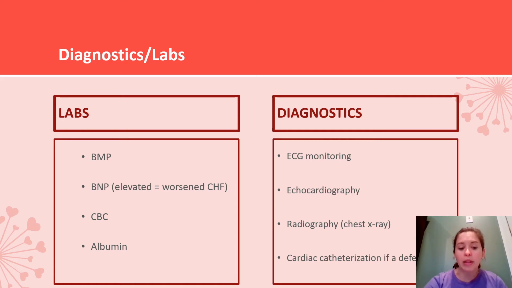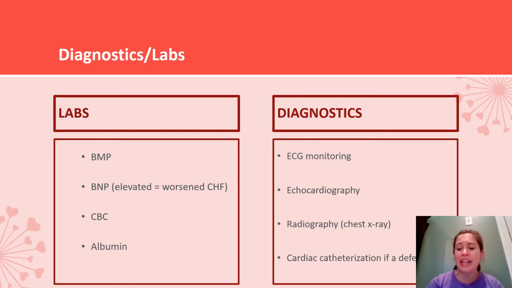We also might be getting a BMP to look at electrolyte panel to make sure that our electrolytes are stable, because again, if the kidneys are not working, we're holding on to lots of waste, so we're at risk for things like hyperkalemia, hypernatremia, which makes us at risk for other things like electrical dysfunction of the heart and potentially seizures.